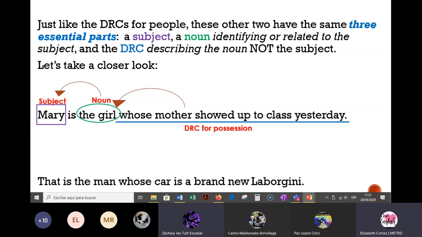So everything, the man, is the subject. Which one is the noun, Zachary? The man. The man is describing the subject. Remember, you always need the subject first and then the noun.